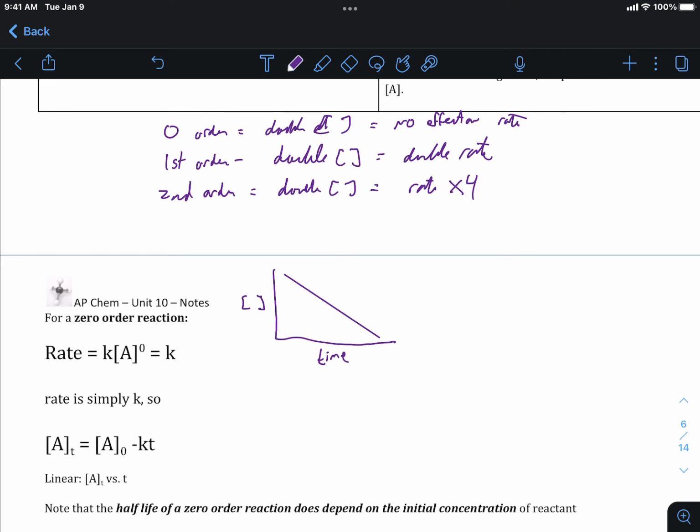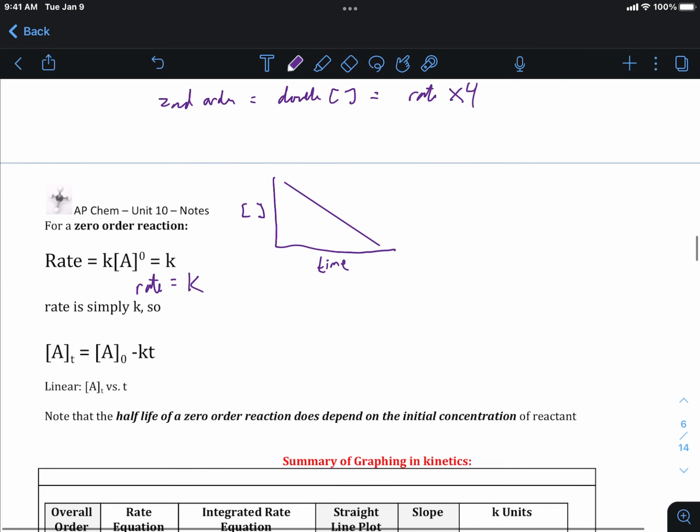And if that's the case, that simply means the rate is equal to the rate constant, because the concentration taken to the 0 is just 1, so rate is equal to k. Therefore, you can solve for the final concentration simply by taking the initial concentration minus however much would have been reduced by the time. So the rate constant times the time.